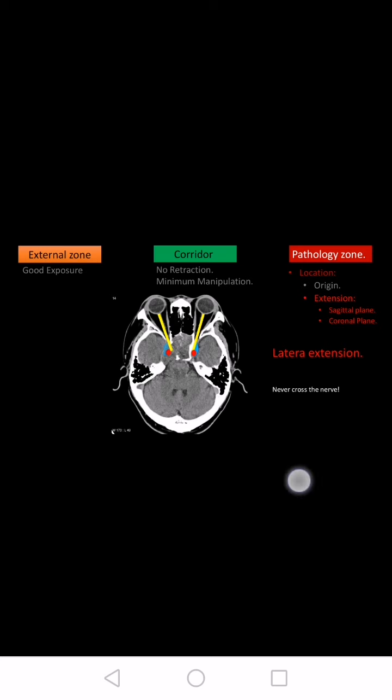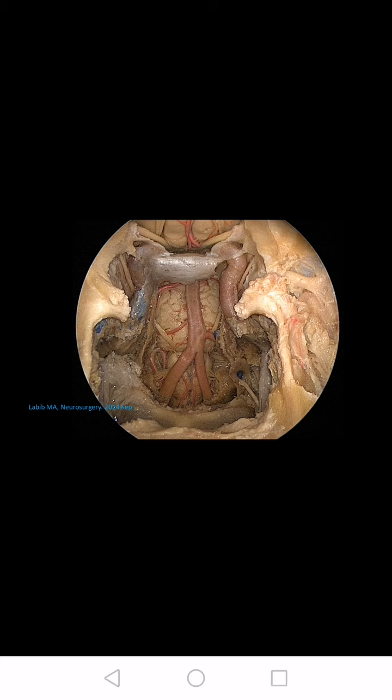The extension, we mentioned that this is a picture from Labib Qassam that was published in 2014. As you can see here, the midline or sagittal approach is a relatively easier approach, especially if you're going to go to the sphenoid sinus.